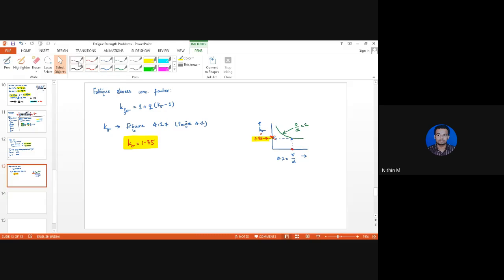So now what will be the value of KF sigma? KF sigma will now be equal to 1 plus 0.85 multiplied by 1.35 minus 1, right?